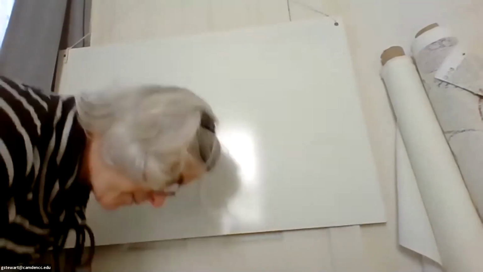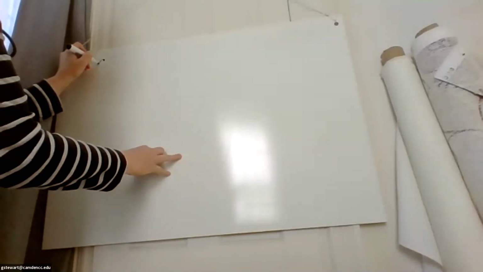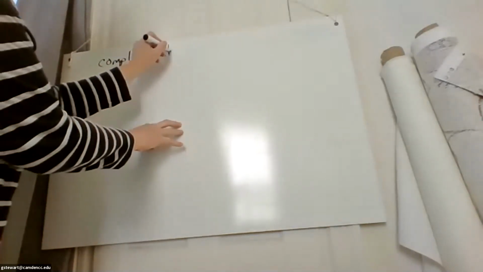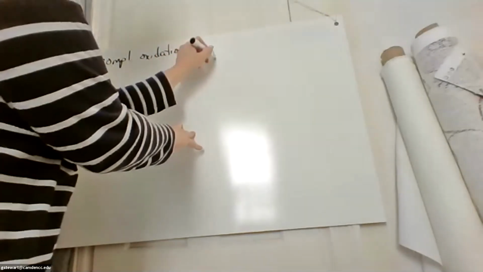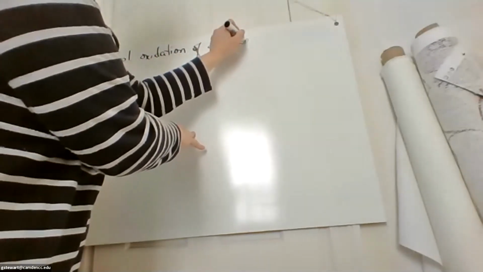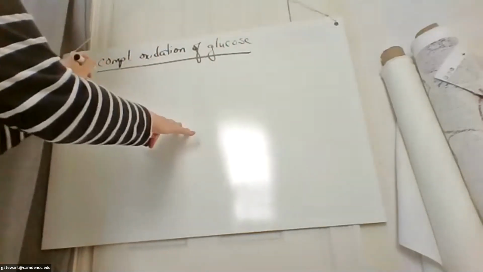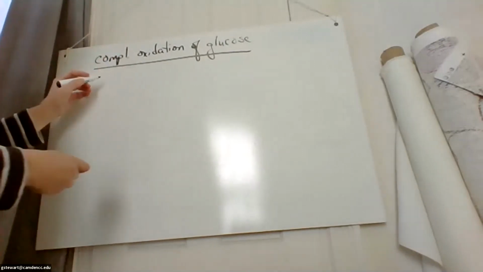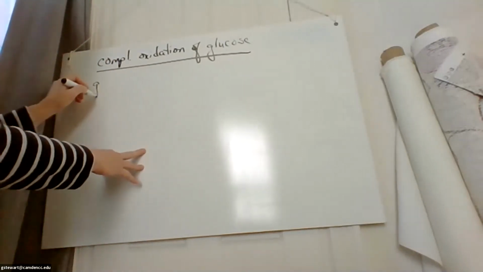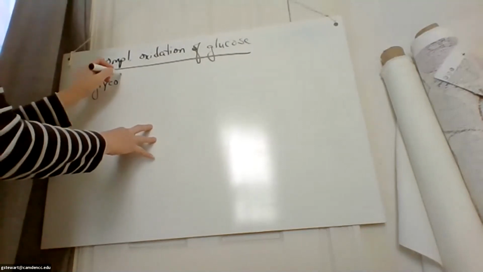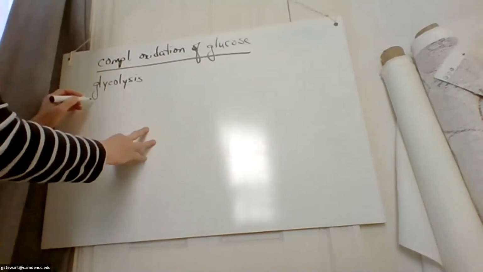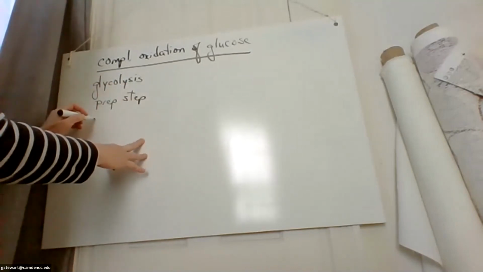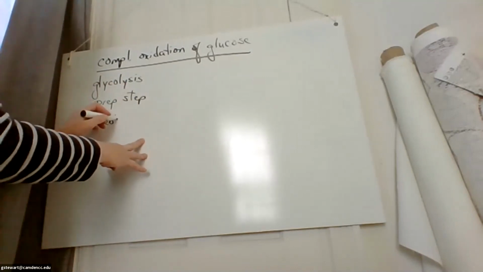Okay, so complete oxidation of glucose. The reason we talk about glucose is because it is the most commonly digested monosaccharide in all of eukaryotic cells and prokaryotic cells. In this complete oxidation of glucose, this first portion is glycolysis, and then we have the prep step, and then we have the Krebs cycle.